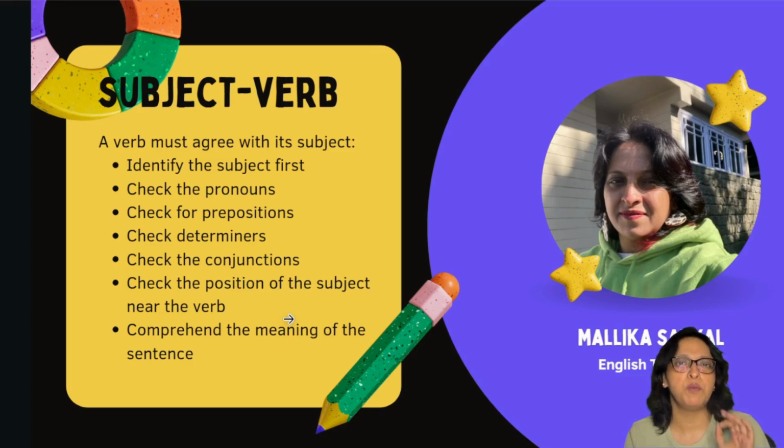The meaning of the sentence is very important in many cases. If we understand the meaning of the sentence, whether the subject is being presented as a plural thing or a singular thing, that is something we need to understand. We are going to understand that in a very short time.